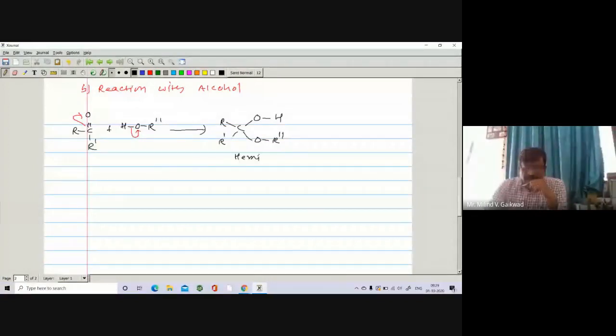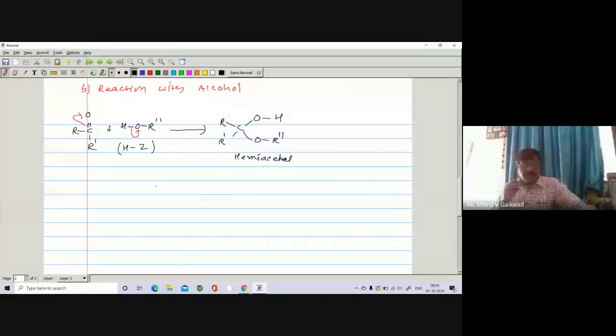Same thing, just you have replaced HZ, this Z, by OR. So HZ is HOR. So this is the reaction mechanism of this reaction.